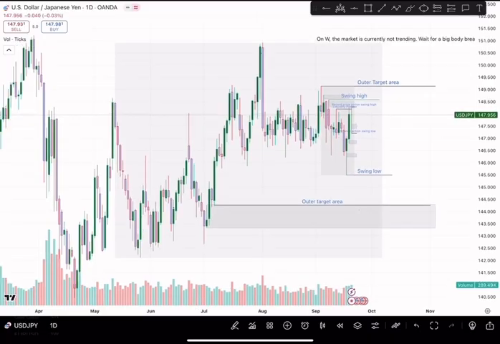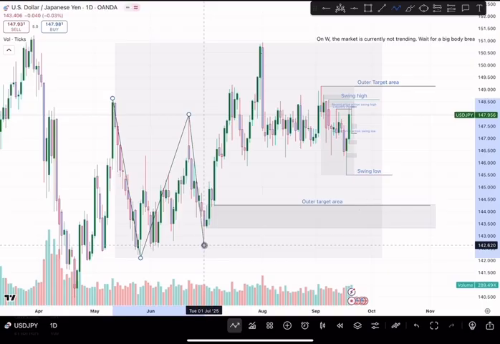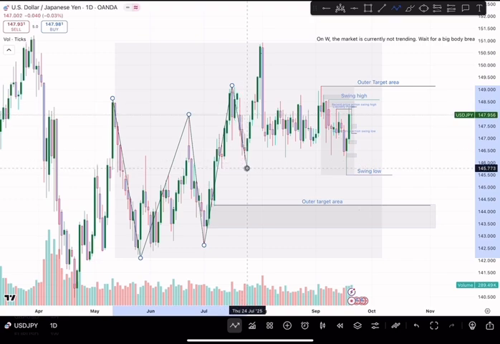All right, so on the 1 day now, basically this is how I analyze the market. I just read what the market is telling me. So on the 1 day, I'm just marking out the higher highs and higher lows.